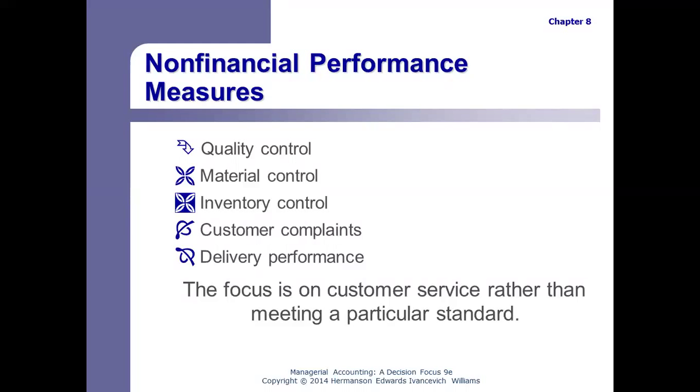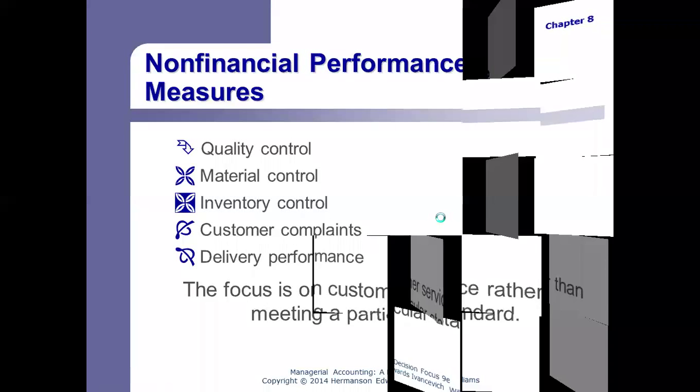So you don't want that either. So just keep in mind that it's not just the accounting numbers that we're concerned with, not just the variances. We have to look at other qualitative factors as well, instead of just only focusing on the accounting part of it. And that's chapter 8.